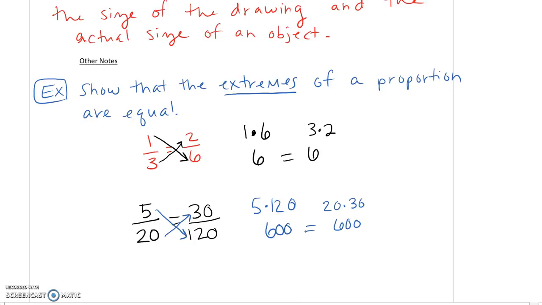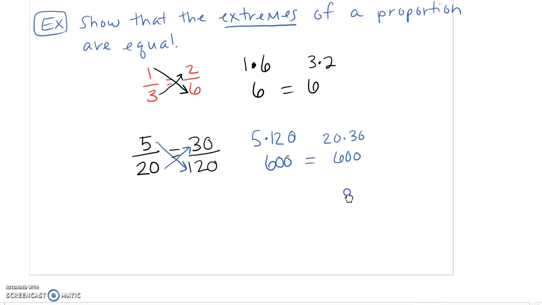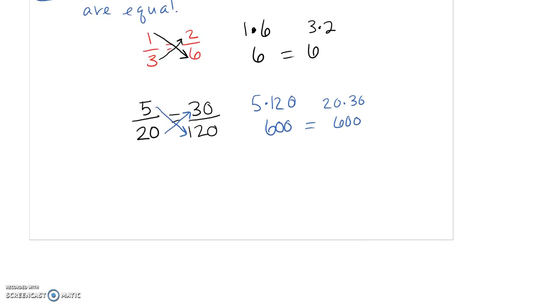Knowing that the extremes of a proportion are equal is why we can what they call solve proportions. Let's say I knew a ratio of something. I knew the ratio was 3 to 5. But I want to know, we'll say 12 and x. I need to figure out what x equals.